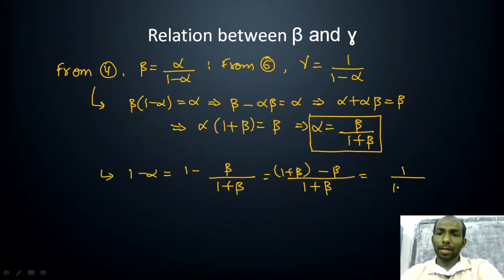Therefore 1 minus alpha is equal to 1 by 1 plus beta.